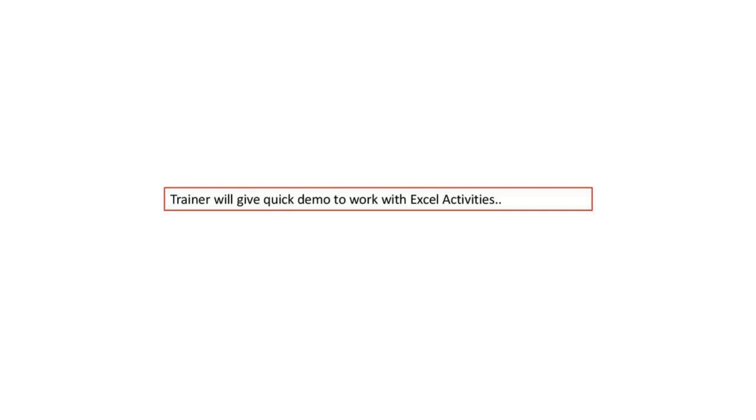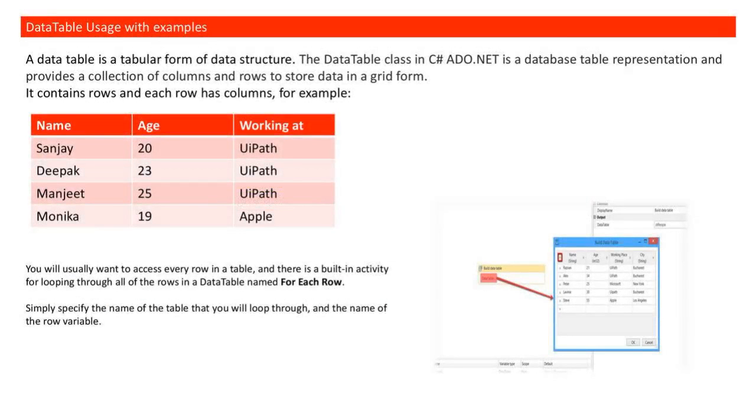Before giving a demo, let's quickly cover one more thing, which is data tables, right? Sometimes you need to read the data and put it into a tabular format where you have some rows and columns. So UiPath has also provided a variable type called data table, which is basically available as a C# .NET representation, right?